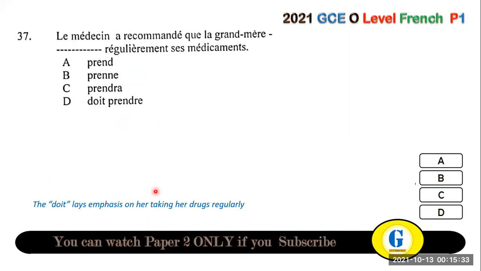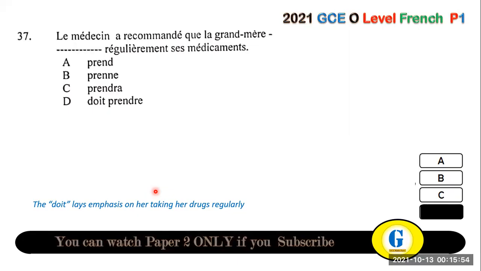37. Le médecin a recommandé que la grand-mère, blah blah blah, régulièrement, ses médicaments. So the doctor recommended that grandma should dash regularly her drugs or her prescriptions.